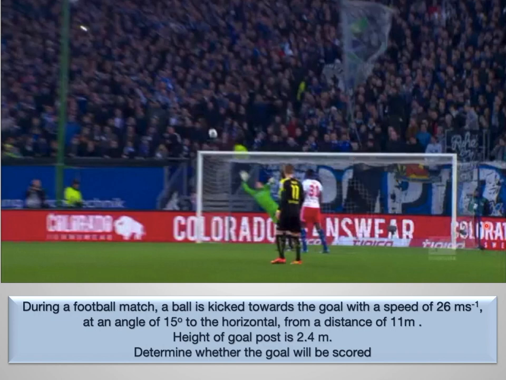If you want to know whether the goal is scored or not, what you want to find is what will be the vertical height of the ball. What will be the height of the ball when it has traveled 11 meter distance? By the end of the 11 meter, what is the vertical position of the ball? That will decide whether it will go into the goalpost or it will go above the goalpost.